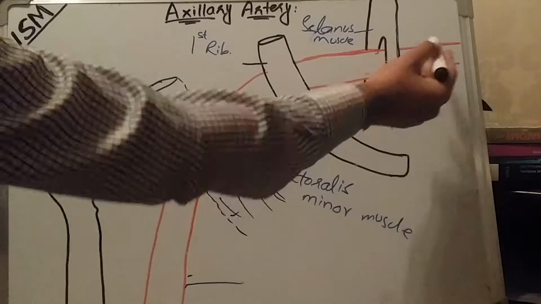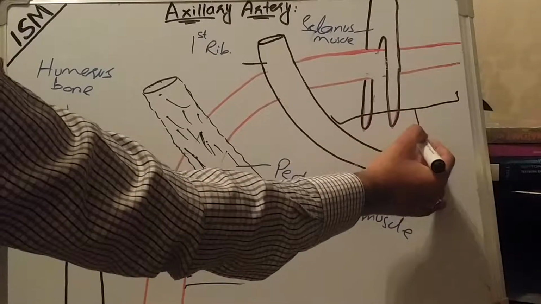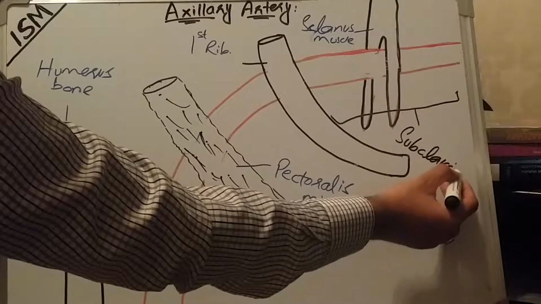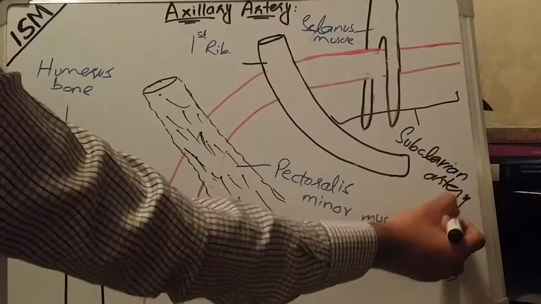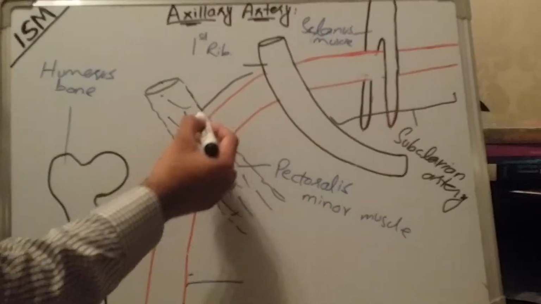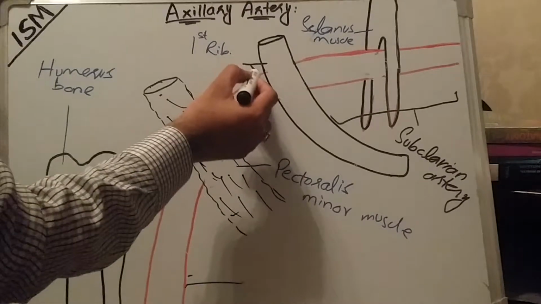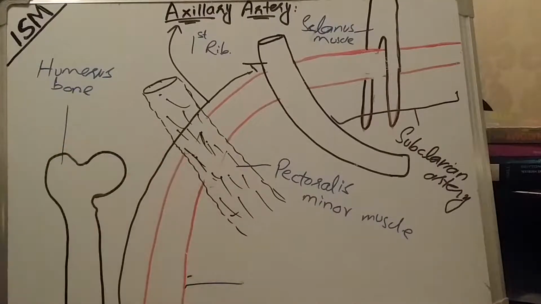So this is called the subclavian artery, and from here to here is called the axillary artery. Now let us discuss the branches originating from the axillary artery.